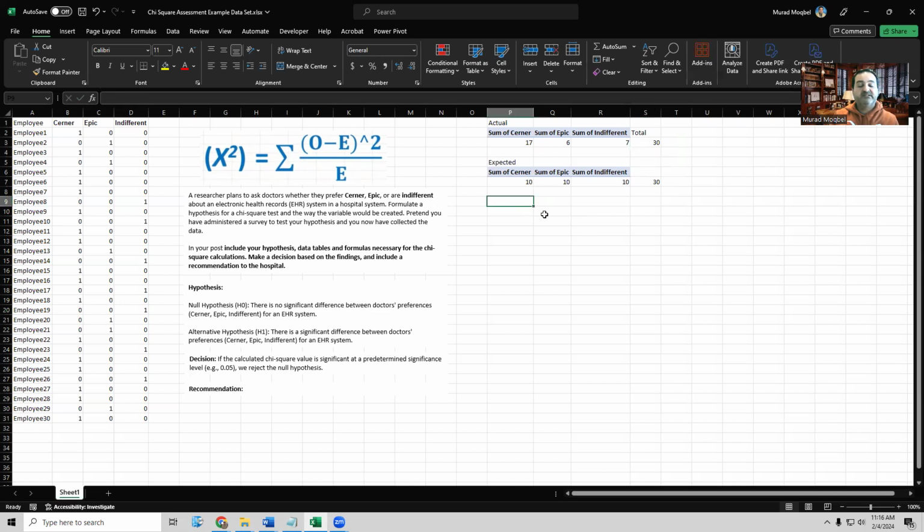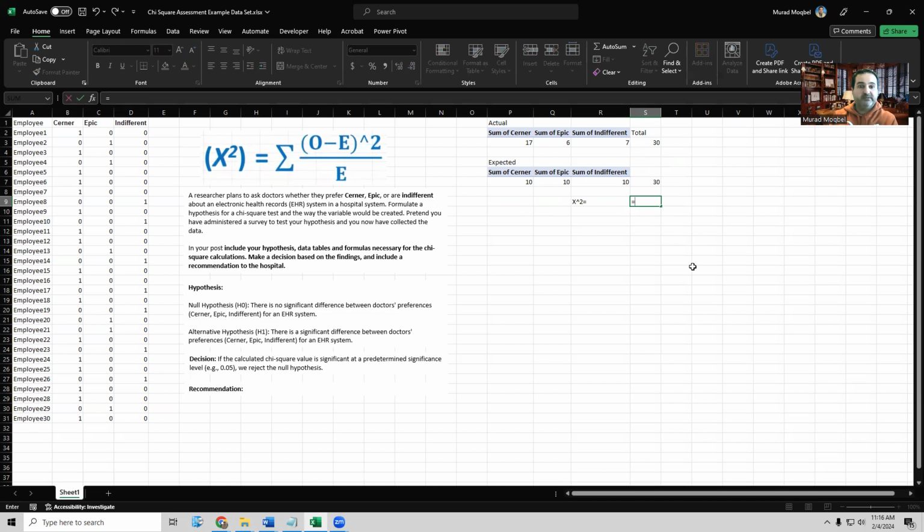All right, now we want to calculate the chi-square. So the chi-square is equal to, and we are going to insert this formula.